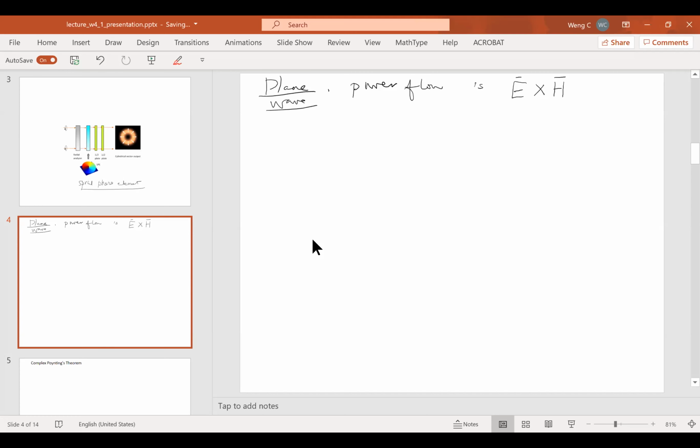The momentum G is usually defined as mu naught epsilon naught E cross H. Sometimes this is written as D cross B. This thing is called the momentum density.